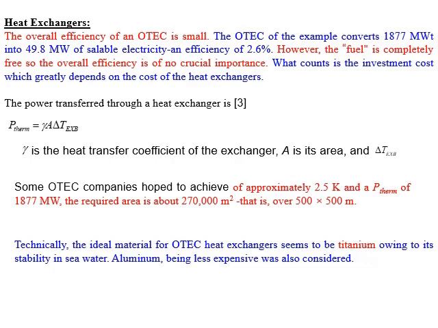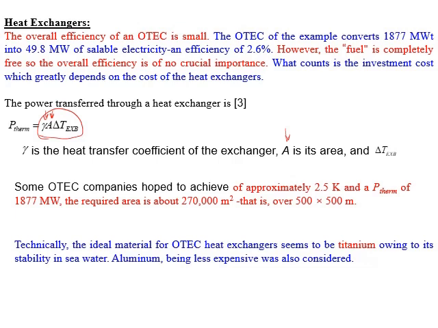The heat exchanger is the complicated part. Okay, and the power transferred through the heat exchanger is represented by this formula, and see here are the two variables, where gamma represents the heat transfer coefficient of the heat exchanger. It depends on the material also, and on the design, and A is the area.